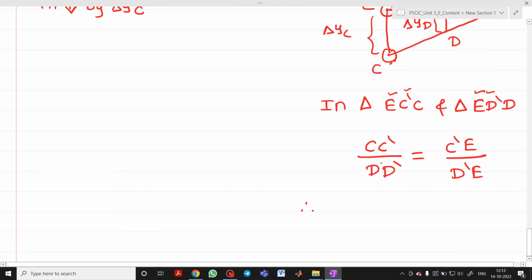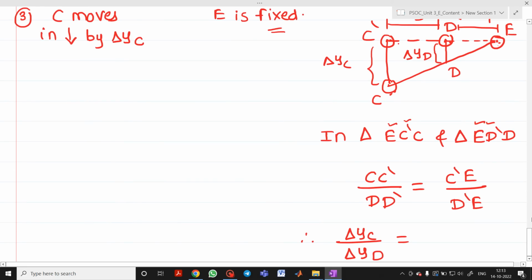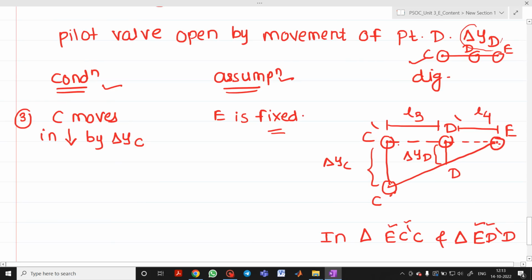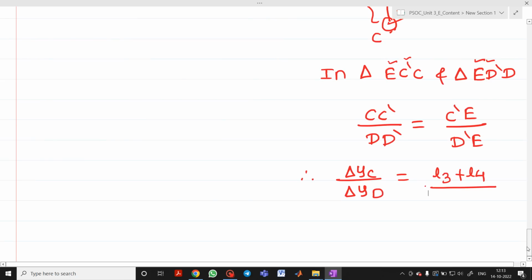Now let's substitute all the values here. Therefore, C C dash will be delta YC, D D dash will be delta YD, and C dash E will be L3 plus L4, divided by D dash E, which is nothing but your L4.